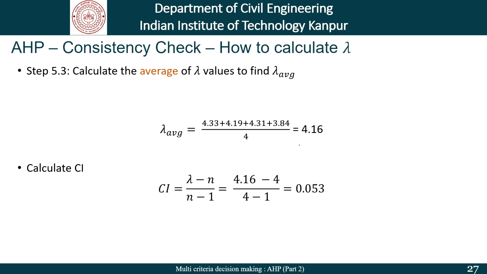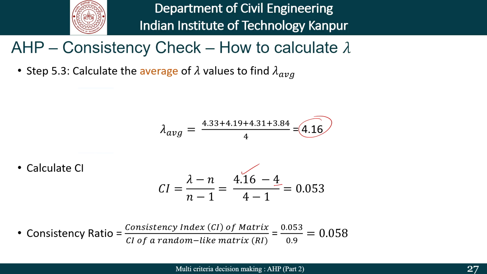The lambda is 4.16, minus n, the number of criteria, which is 4, divided by 4 minus 1. The consistency ratio is given as Ci divided by Ci of a random-like matrix, that is Ri.